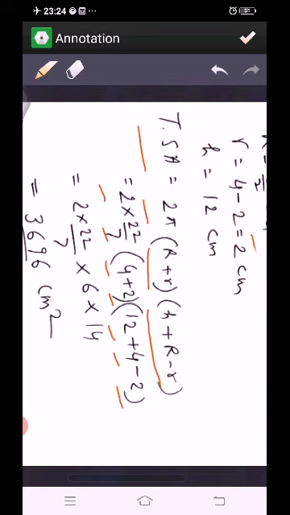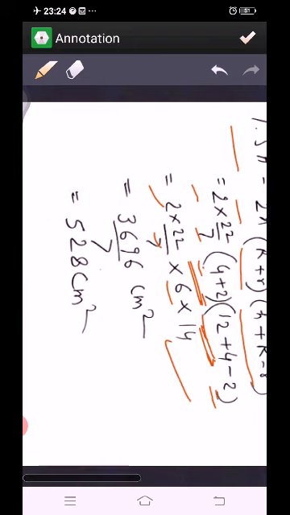So first thing we get 2 pi into (4 plus 2), that is 6, and (12 plus 4) 16 minus 2, that is 14. So on calculation, multiplying all the numerators, we get 3696 upon 7, divided by 7, so we get 528 centimeter square. That will be total surface area of hollow cylinder.